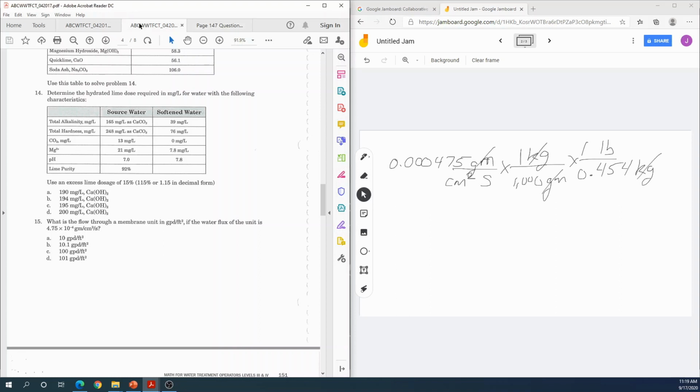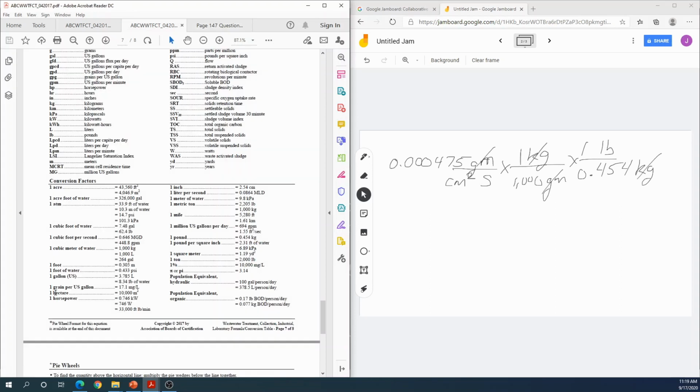So if we come back over to our cheat sheet, let's look at pounds. We know right here we got 1 gallon is equal to 8.34 pounds of water. So we're going to put the 8.34 on bottom. So we got 1 gallon is equal to 8.34 pounds.